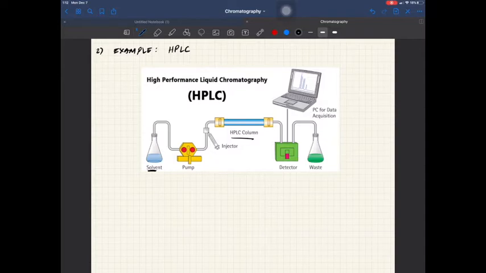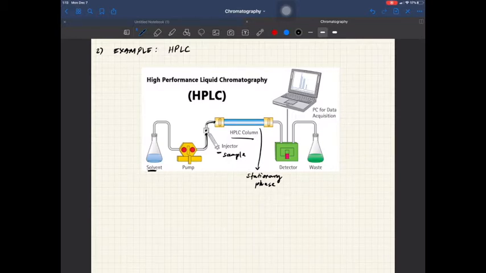The HPLC column is a vacuum, so it does not have any air in it. Our sample is injected around here, and as the solvent moves right here, the sample is pushed towards this HPLC column. So this HPLC column is made up of a stationary phase.